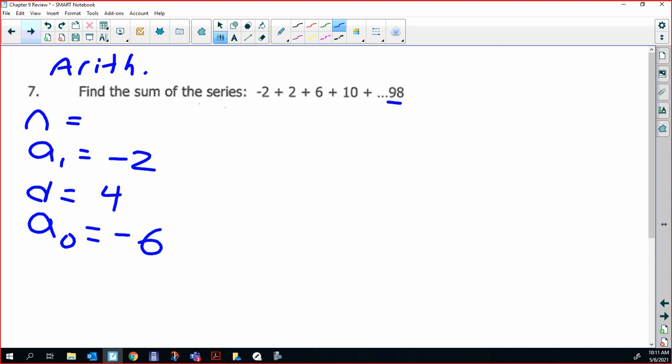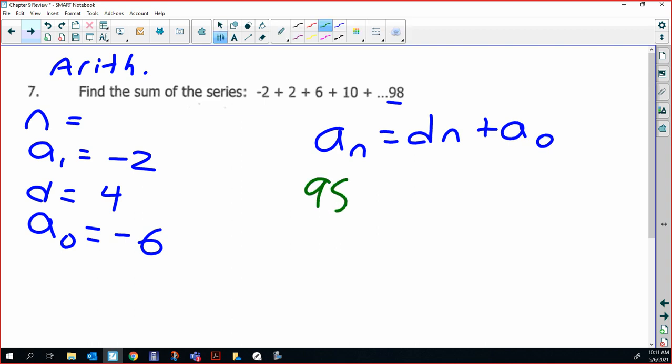From there, we need to figure out what n we would have to plug into our formula to get 98.